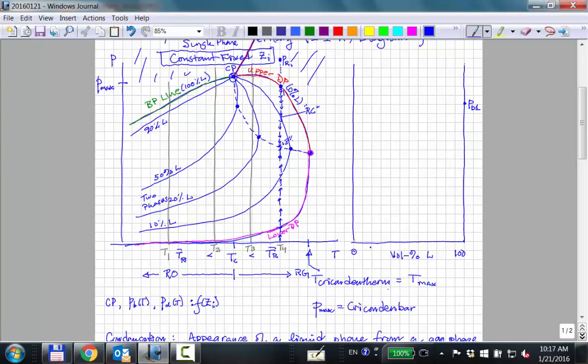I don't want to make this maybe too accurate, but let's see, 10 volume percent I'm going to put here. That's about right there. Let's see, 20% there. 50% about there. So it's more or less something like that. Almost linear, the way I've drawn it at least.